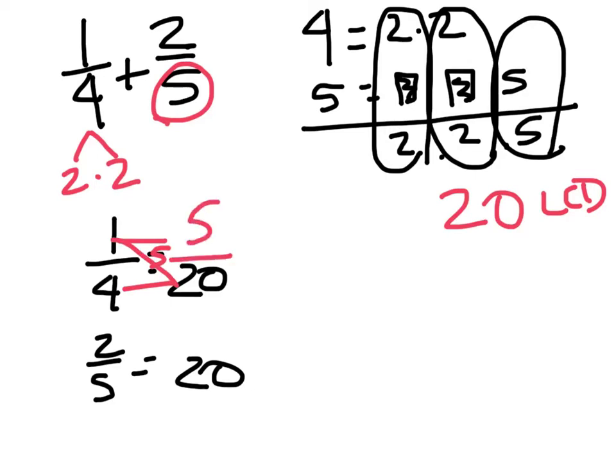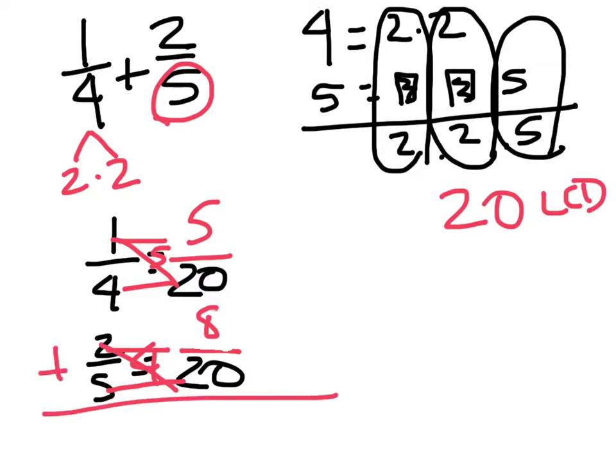So now 5 goes into 20 4 times. 4 times 2 is 8. Oops, let's erase that. Let me do that right. 4 times 2 is 8.